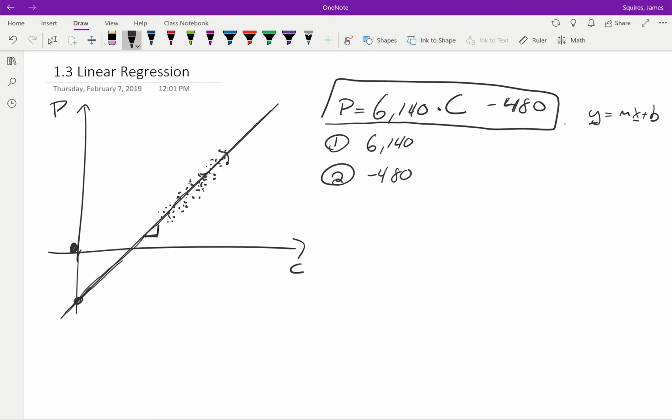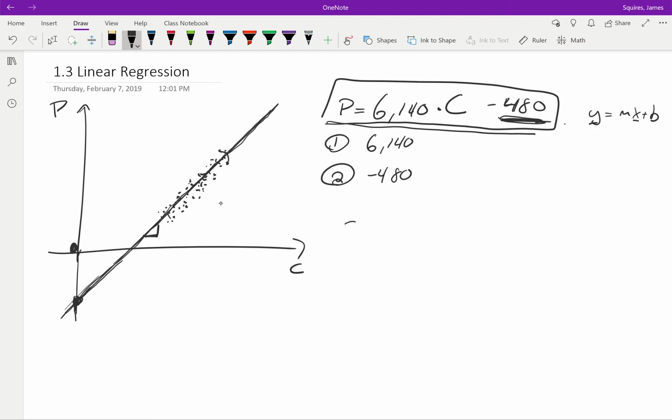But notice that the line that best fits this data does contain a negative y-intercept term of negative 480. So it's important to know what this means. Mathematically, it's just our intercept term. If we took our interpretation of the model quite literally, when carat equals 0, price should equal negative 480. But as we know, there are no diamonds in the world that are size 0.